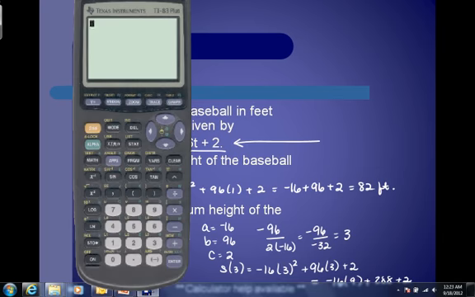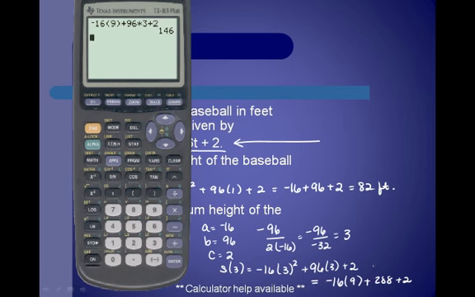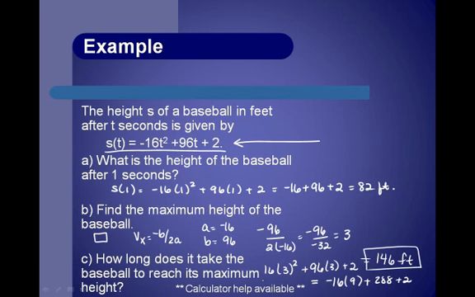Okay, again, let's pull out our calculator. So we would get negative 16 times 9 plus 96 times 3 plus 2, which would give us a maximum height of 146 feet.